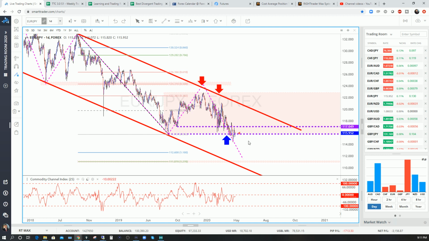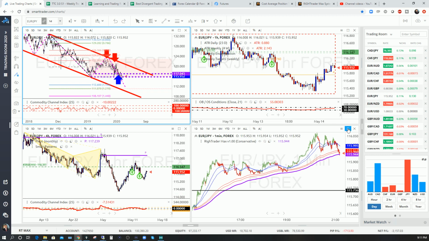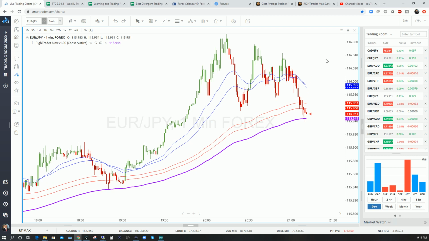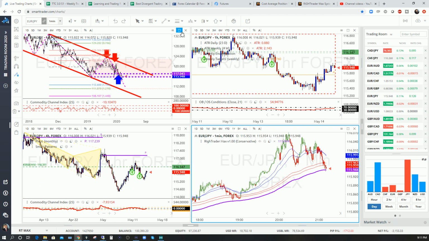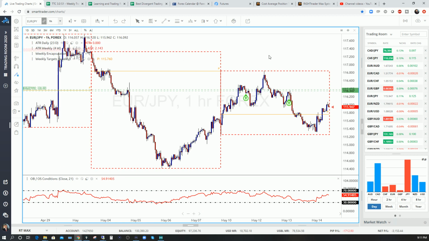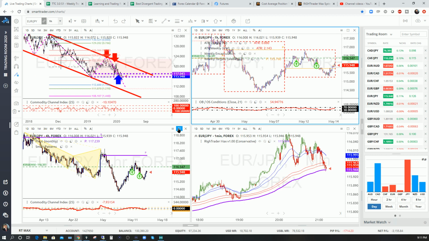So this is the daily. You go to the 1 minute, has gone bearish right here. Let's see if I can see anything else that looks attractive to the upside. Nope, nothing there.